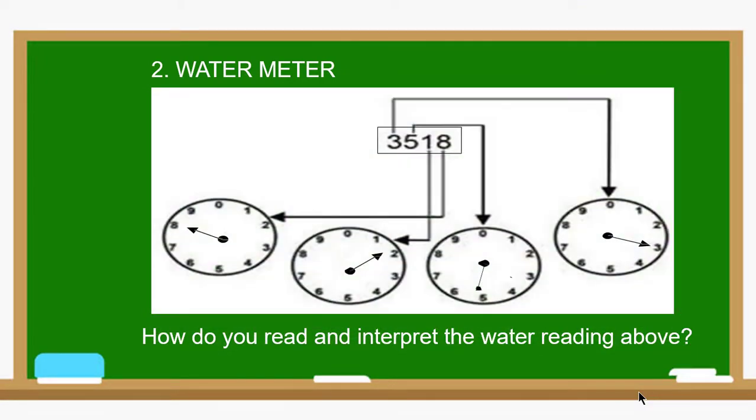This is an example of a water meter. How do you read and interpret the water reading above? Okay. We will find out later the answer to this question as we proceed with our lesson.